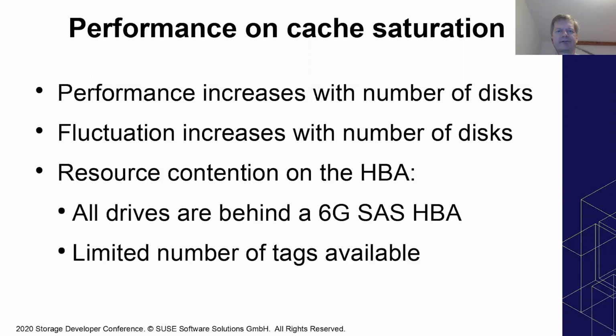So all drives have to share the bandwidth of this HBA, which means that the more disks we connect to it, the lower the individual bandwidth for each drive becomes. And this might be one of the reasons for the observed fluctuation, and also for the less than expected performance on higher disk counts.